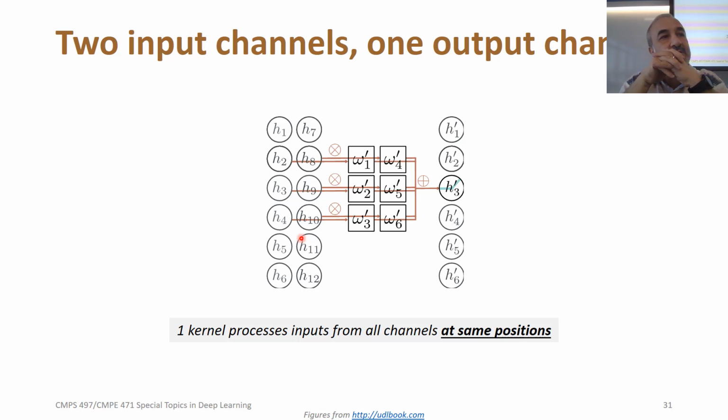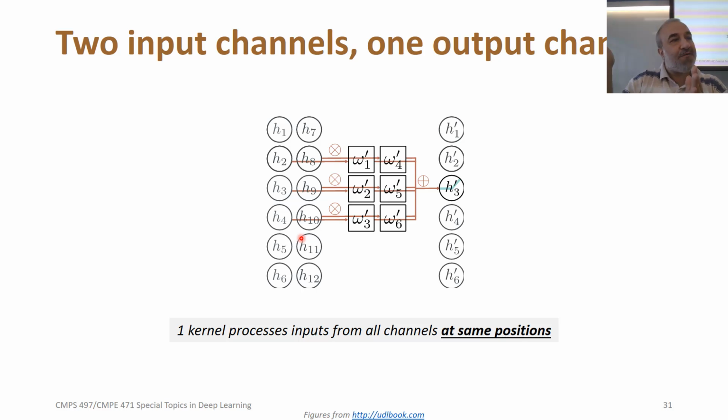Let's say we have 2 output channels and 2 cases of the input layer: 1 input channel only, and 2 channels. The number of parameters of these 2 layers is the same or different? It's different, right? So it will increase when we have more input channels, because of the depth.